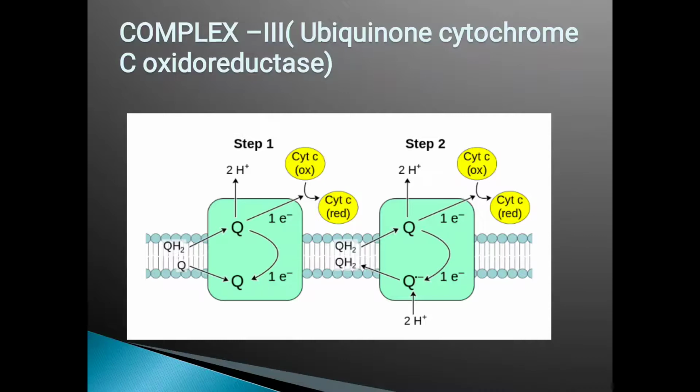This complex is composed of heme content, iron sulfur clusters, and the Rieske iron sulfur protein, and it also helps in regulating the Q cycle.